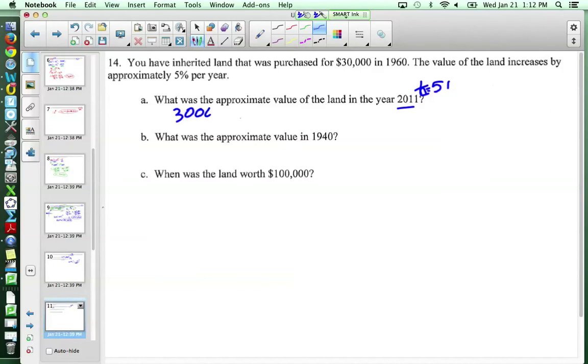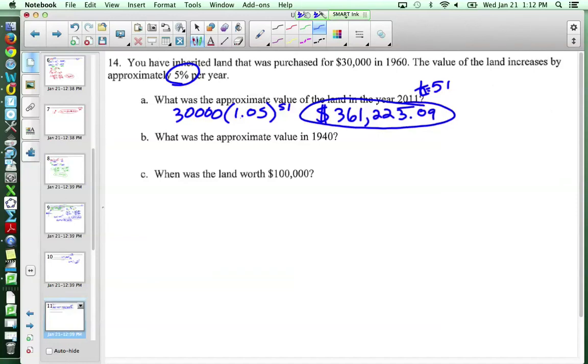So we take 30,000 times 1.05, that's the increase of 5%, to the 51st power. And so the final value here will be $361,223.09. About 12 times what it was worth back in 1960.